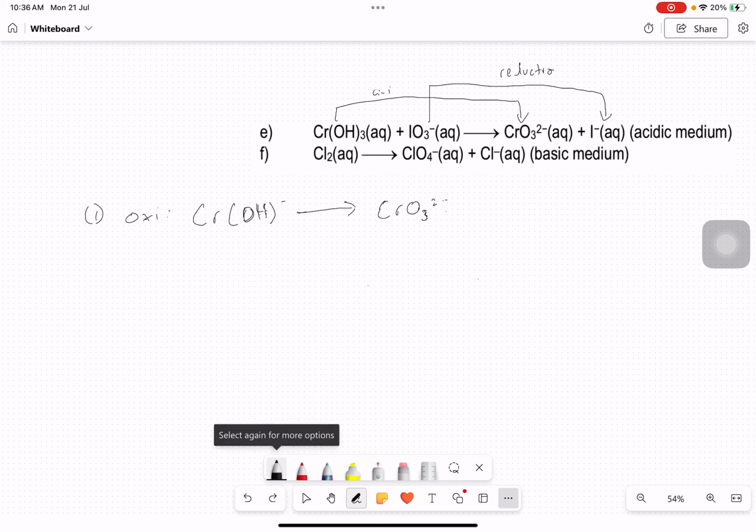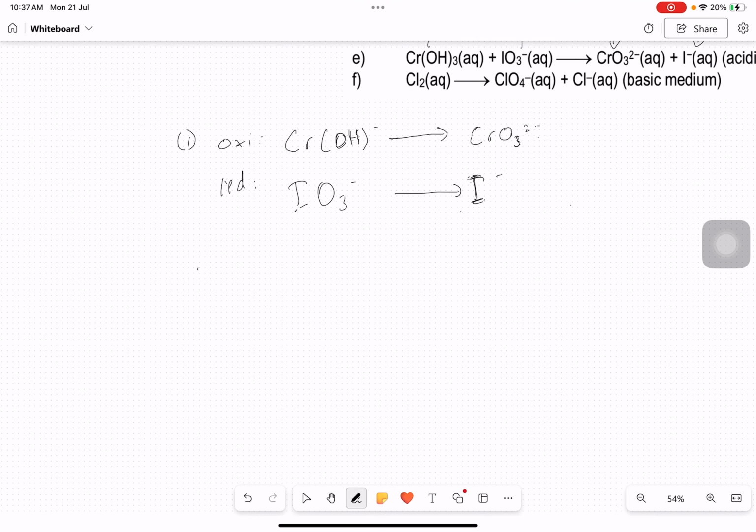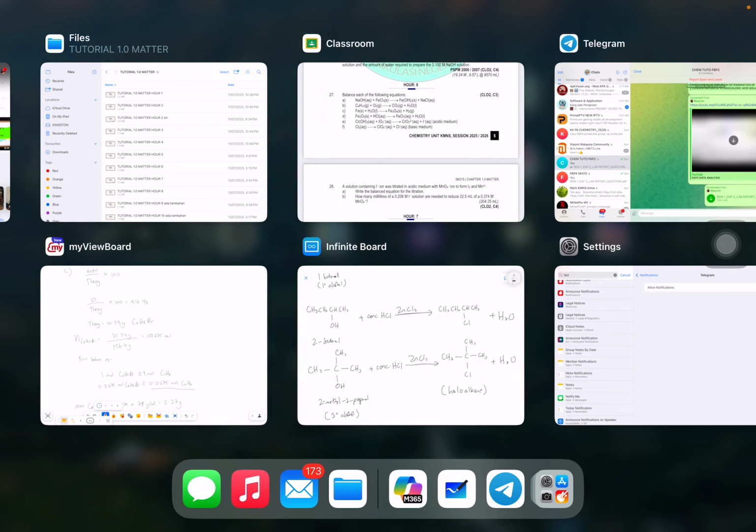And reduction is IO3 minus to I minus. So number 2, I need to change my board. This board is not good. Use here.